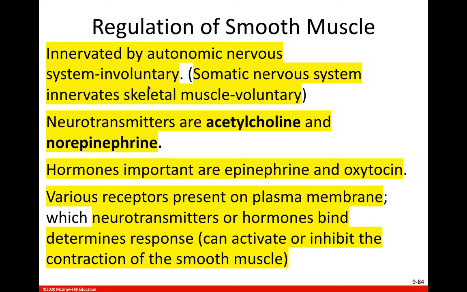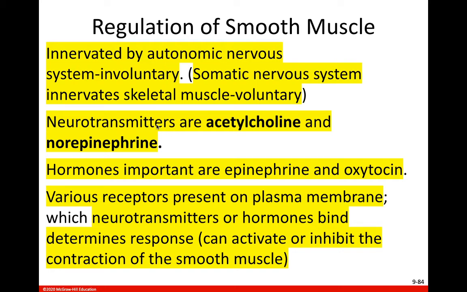So again, remember, smooth muscle is involuntary, and the branch of the nervous system that causes the stimulation of involuntary muscle, which would be smooth muscle, would be the autonomic nervous system. It is the somatic branch of our nervous system that stimulates our voluntary muscle, which is our skeletal muscle.